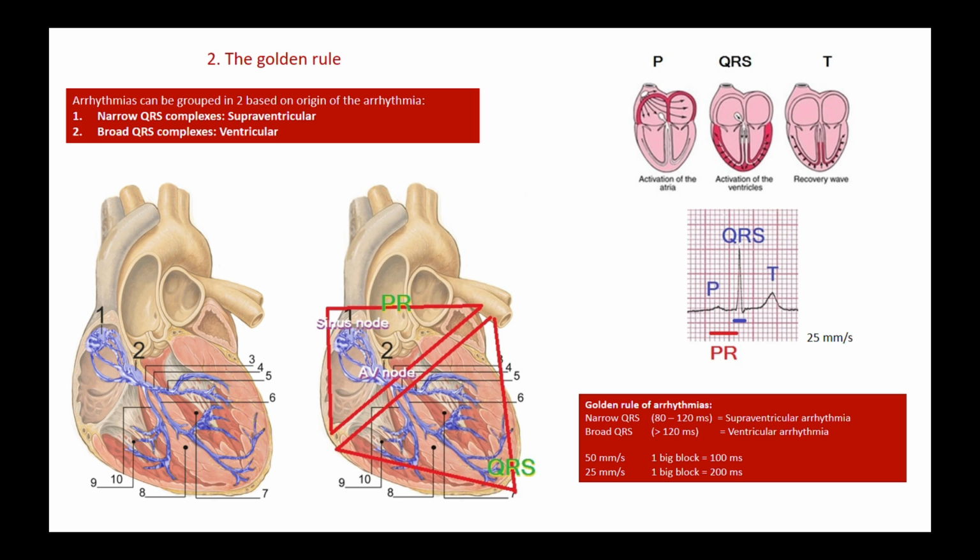While the atria, the supraventricular chambers above the ventricles, do not directly influence either the pulmonary circulation or the systemic circulation. So ventricular arrhythmias have a more direct effect on the circulation and are therefore by default more dangerous for the patient, while the supraventricular ones, at least acutely, are not as dangerous.